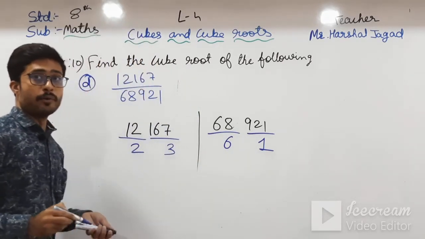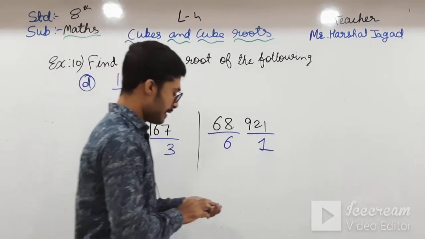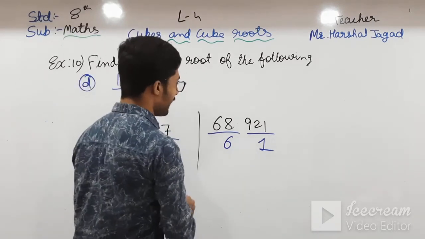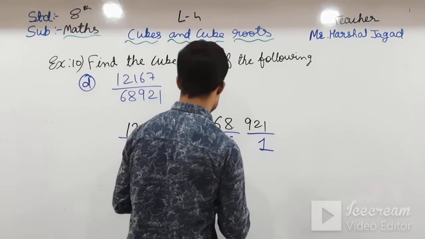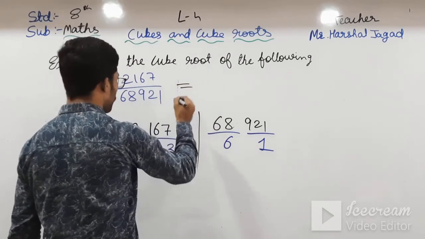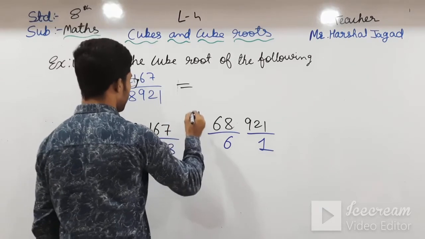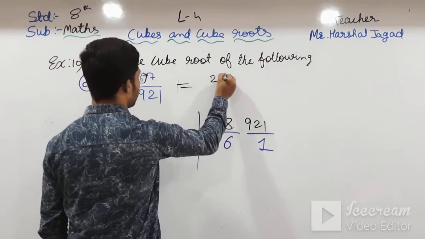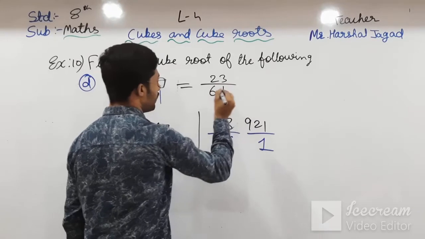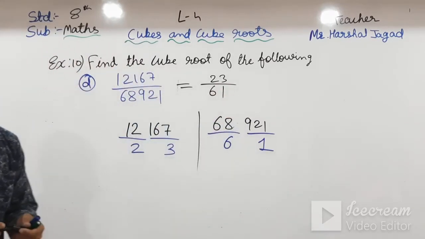So what we will do is, the cube root of 68921 is 41, and the cube root of 12167 is 23. So we will write 23 divided by 41.